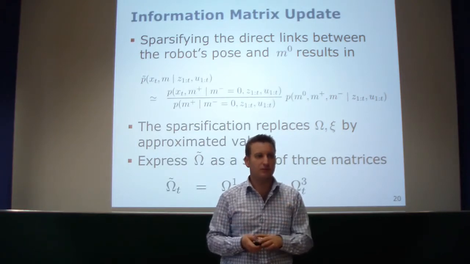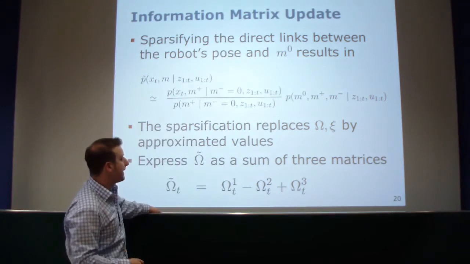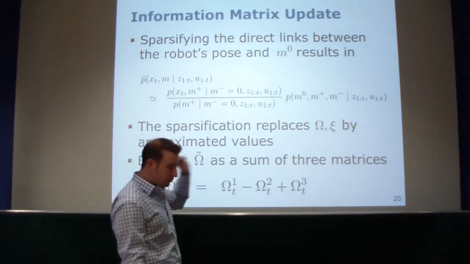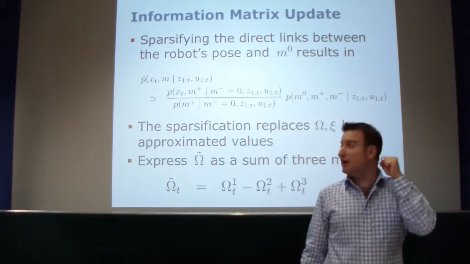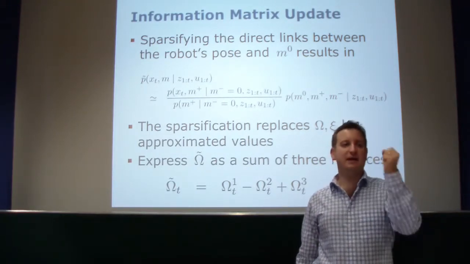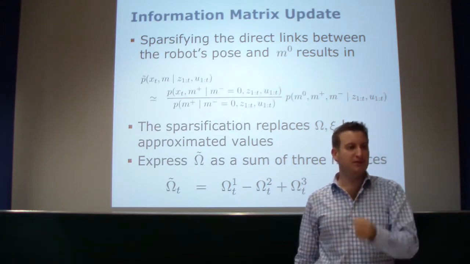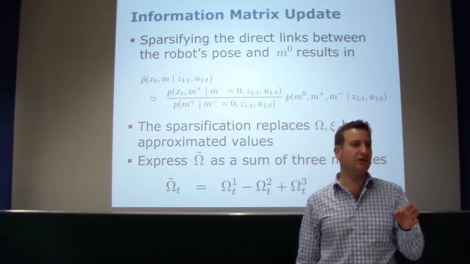Here we should keep m0, not m minus, because m minus is the passive one. Yeah. The important thing is we eliminated m0 because we said that the robot's pose is independent from m0 given all other landmarks. This is the assumption we make. So we eliminate m0 from the belief.